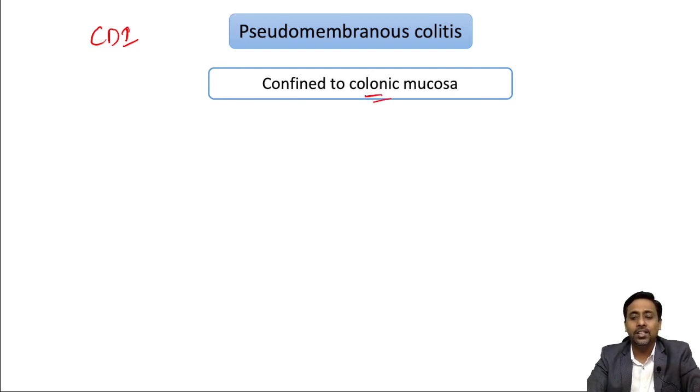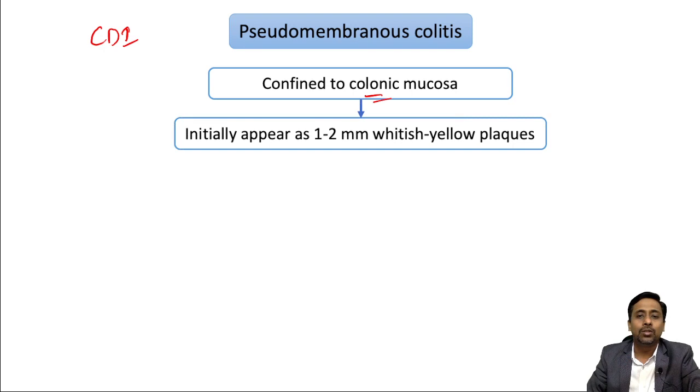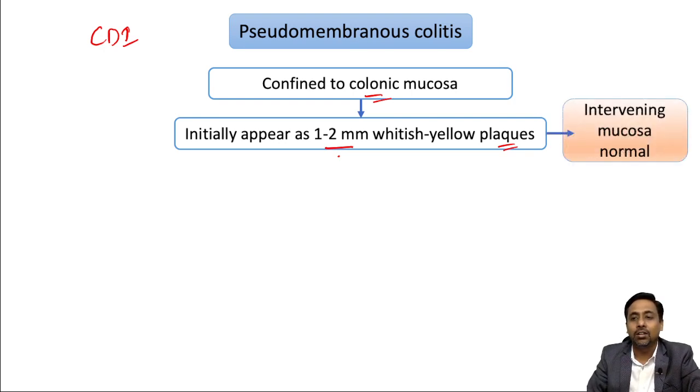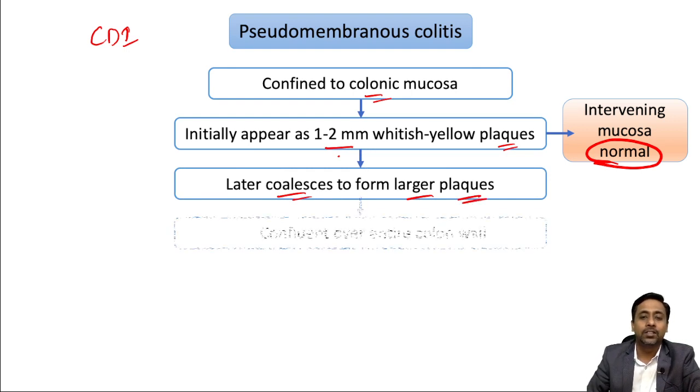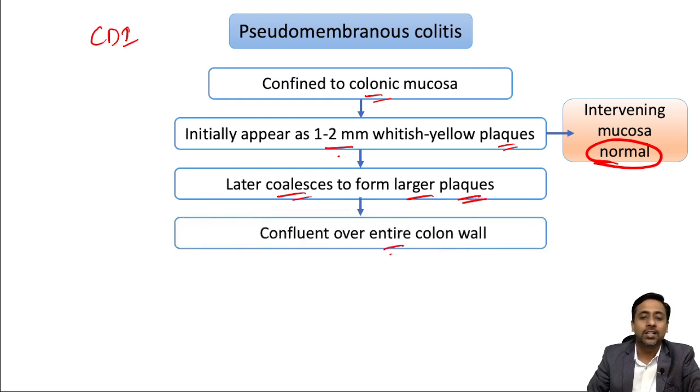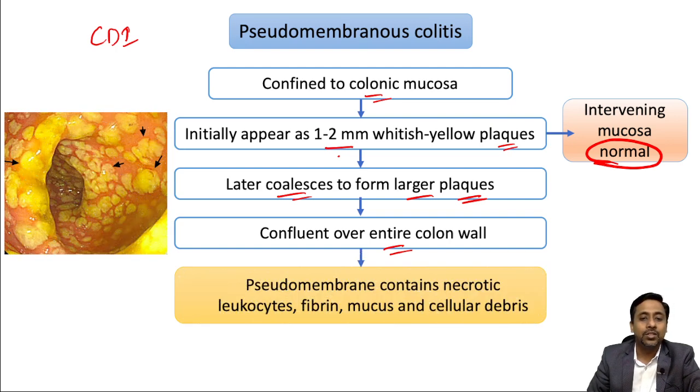Initially we see 1 to 2 mm whitish yellow plaques, and the intervening mucosa between these plaques is normal. These plaques later coalesce with each other to form larger plaques and ultimately become confluent over the entire colon. This confluent layer over the entire colon is known as the pseudomembrane.